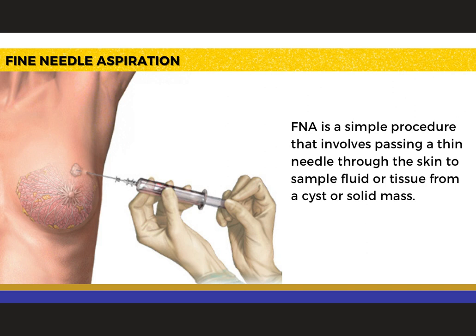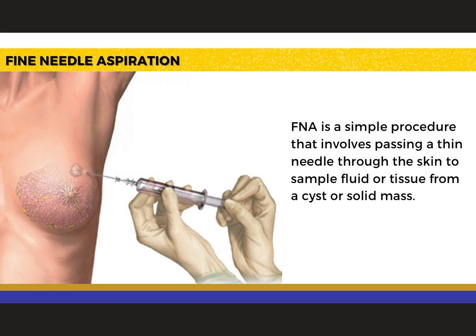When you are doing FNA, you really need to confirm that in that specific area there is a cyst or a solid mass, whether it be a movable or an immovable mass. The most common use of FNA is in breast masses and neck masses.